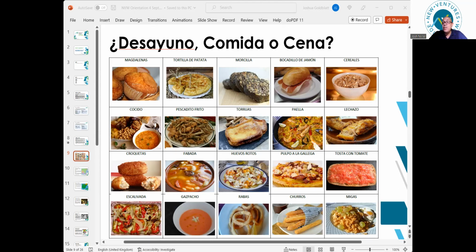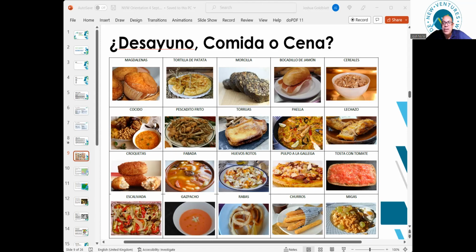Well, funnily enough, it's more likely that you would have it as a cena, as an evening meal with your eggs. It's very heavy. If you like it, you will love it. If you don't like it, you say, thank you for letting me try it. All right, the black pudding.